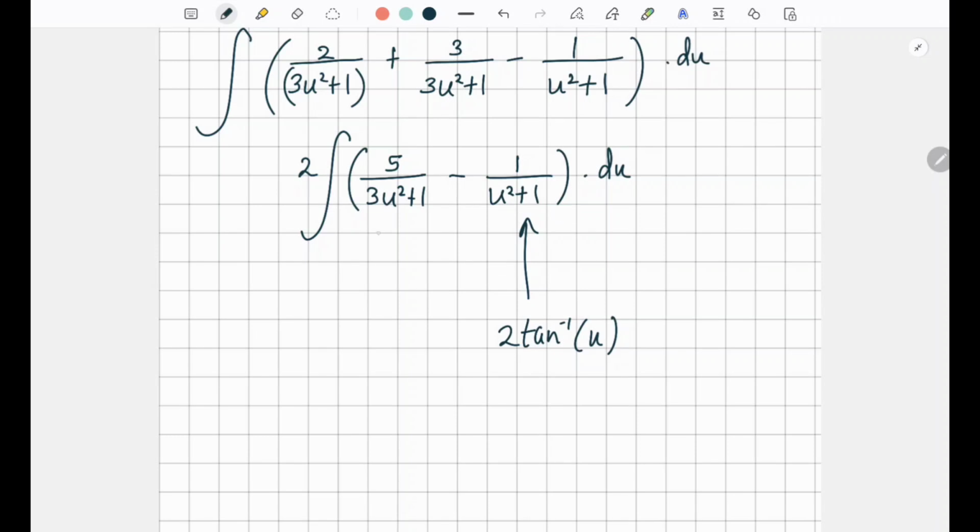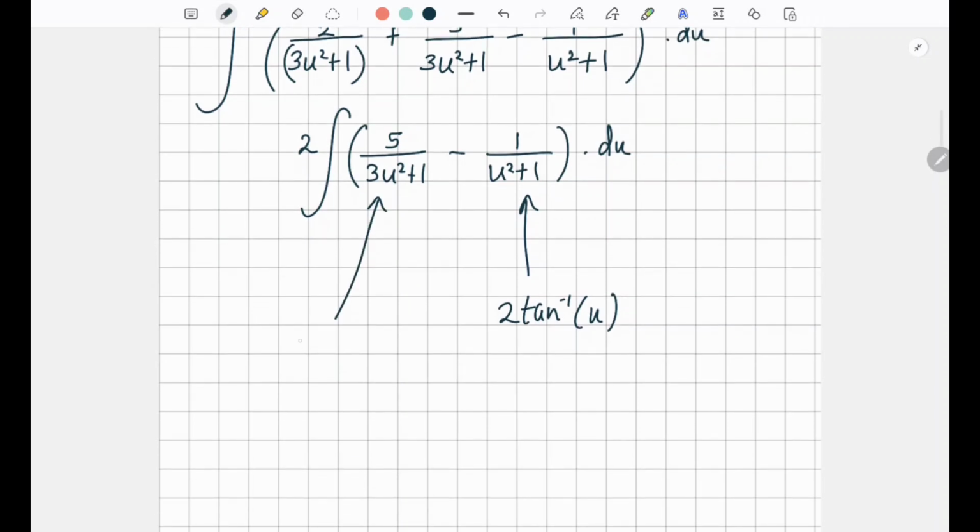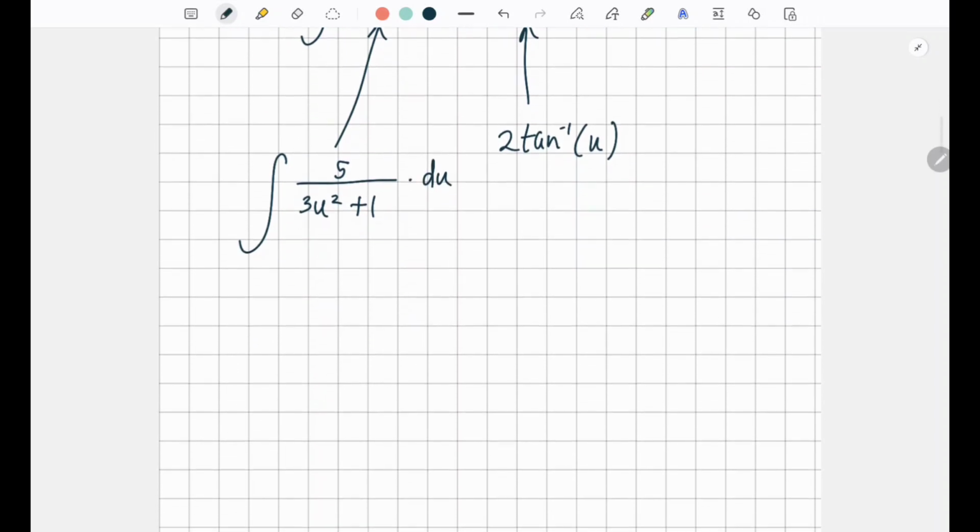So when integrating 5 over 3u squared plus 1, well, that is pretty easy, but there's a small substitution we need to take. We could write 5 over (root 3 u) in brackets squared plus 1, right?